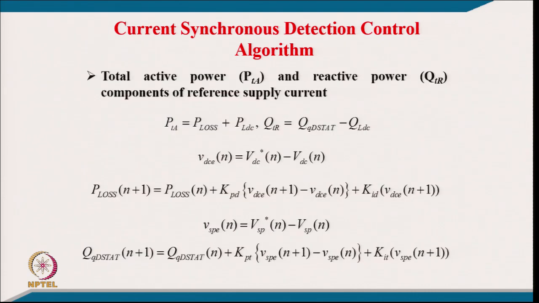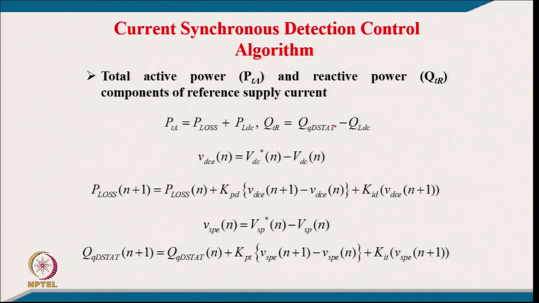Then we can get the total active power, that is the loss of the compensator, using PI control over the DC link voltage, plus the load active power, the fundamental active power which we have taken after the low pass filter. Similarly, there is the reactive power which has to flow into the supply system. The D-STATCOM has to feed some reactive power minus the load reactive power, so we get the D-STATCOM reactive power.